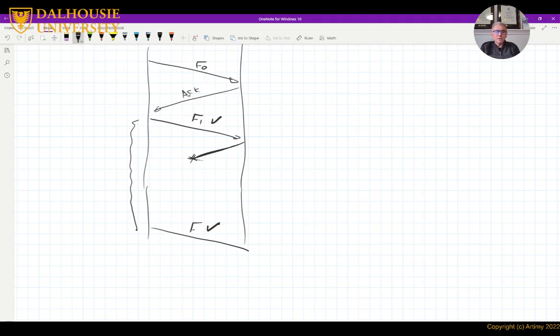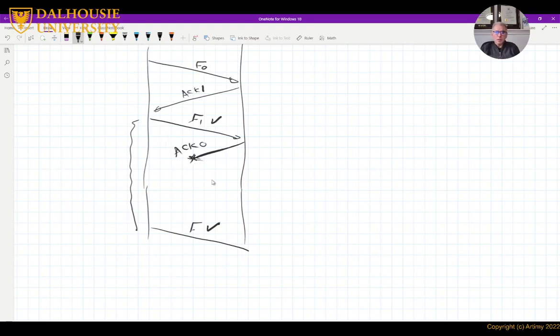So instead of sending just a frame and an acknowledgement, we send frame 1, 0, 1, 0, 1, 0. The frames are numbered and the acknowledgements are also numbered, with the number that we expect, not the number that we received. So when we say AC1, it means I'm ready to receive frame 1.